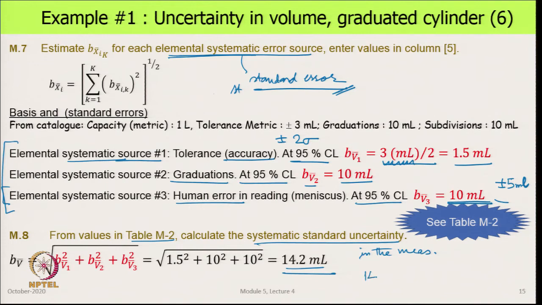Or you can even say I will just report it as plus minus 14 milliliters. Remember, always this has to have units, if the measurand is a dimensional parameter, and how many decimal places you report, we will have to see a little later. 14 ml would also be okay.